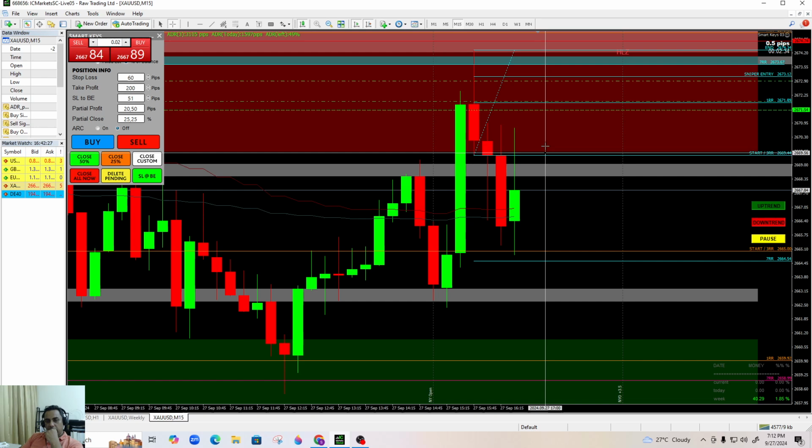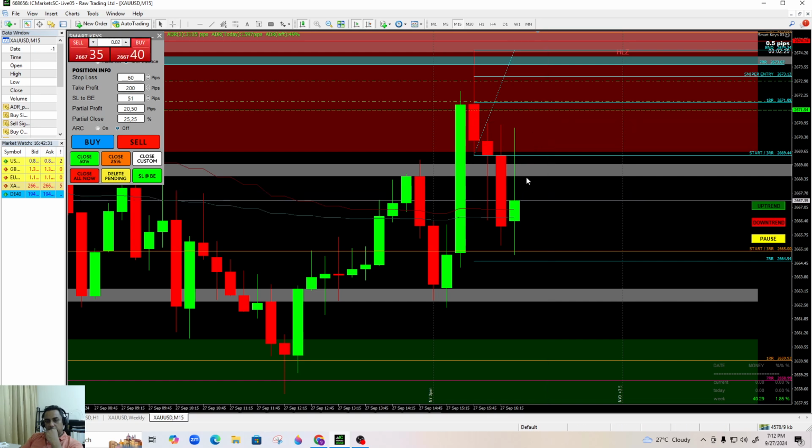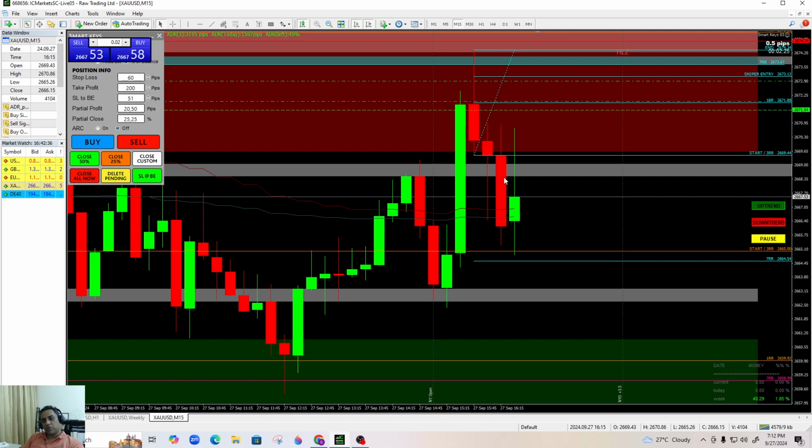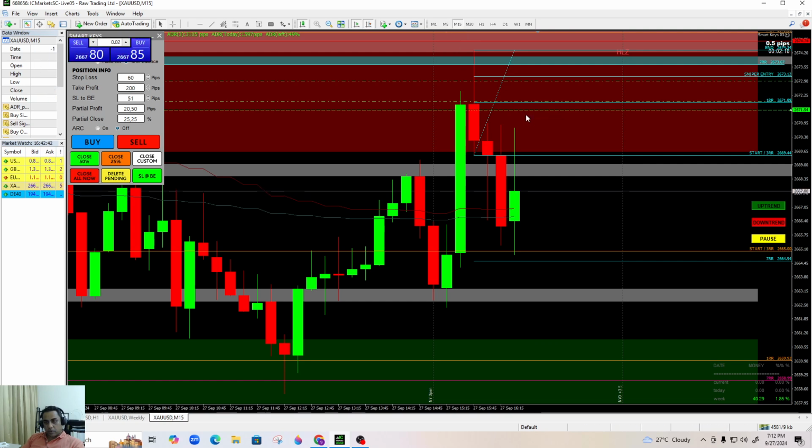Unless I take an entry here with the stop loss above here, using this resistance level and placing a stop loss above there. That's possible.